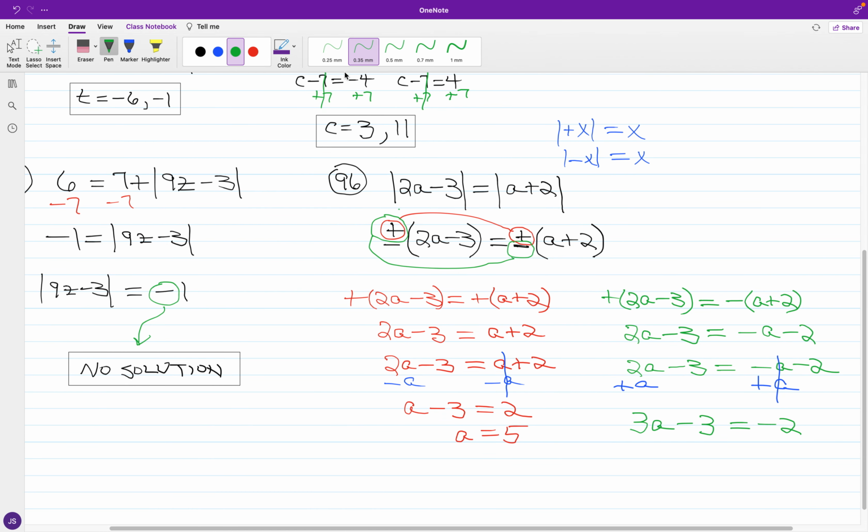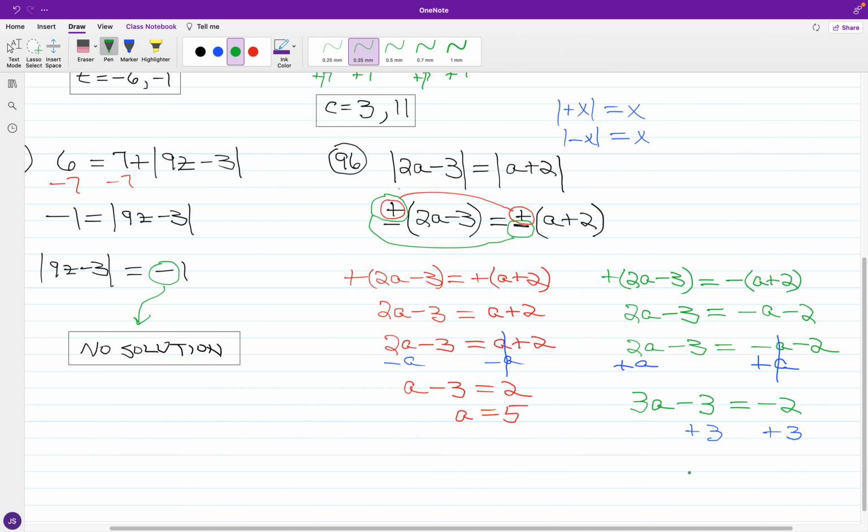And with this equation, I have a two-step linear equation setup. So if I go ahead and add 3, I have 3a, and minus 3 plus 3 will go out.